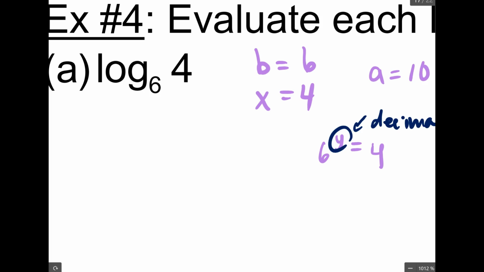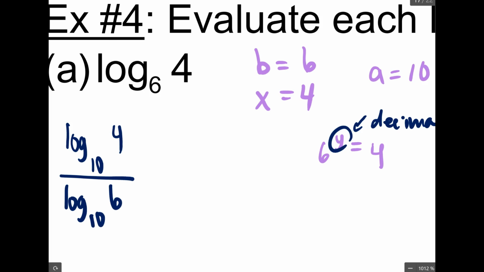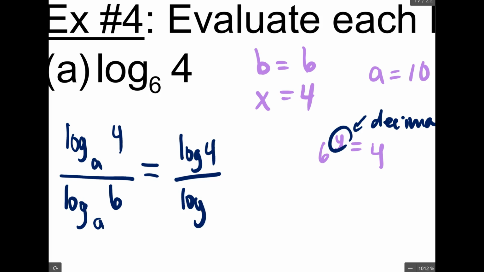Alright, so let's do the change of base formula. So log base a of x, and I'm going to use 10 for a, of x, which is 4, over log base a, well, a is 10, of 6. Maybe I should have showed you the a and then told you how I'm going to use 10, so that way I have log of 4 over log of 10, and that's easy.